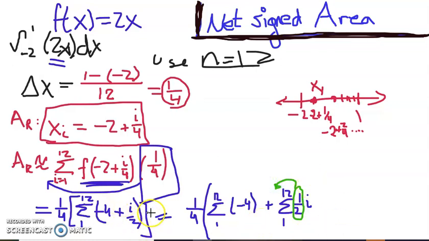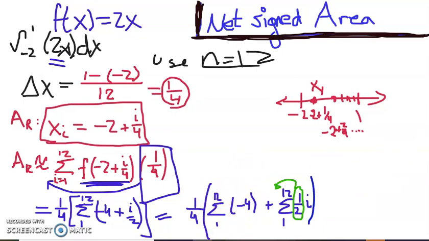But that's what i over 2 is, right? You cut i in half, what you're doing is you're multiplying by a half. So that's what that's doing. And then what is the sum from 1 to 12 of -4? Well, it's -4 times 12.